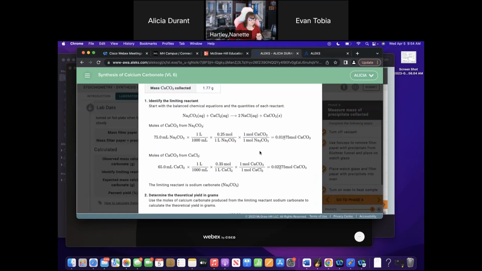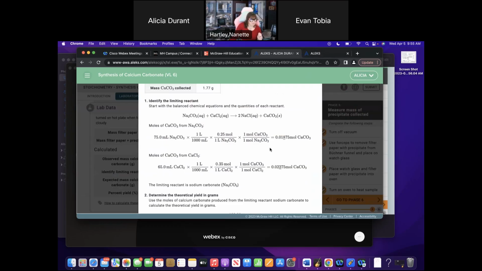I did all this math and I was like, these numbers just don't seem right, so I was going to ask you about it tomorrow. Oh, here it is. I did 96 milliliters of Na2CO3, and I did my unit conversions.